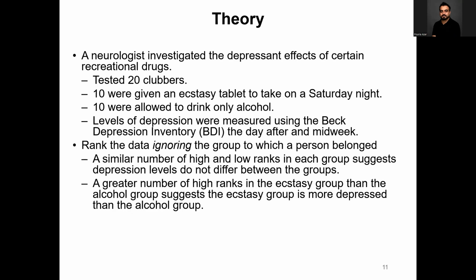Here's an example from your textbook. A neurologist investigated the depressant effects of certain recreational drugs. We have 20 clubbers, 10 were given a tablet to take on a Saturday night, and the other 10 were allowed to drink only alcohol, for example.